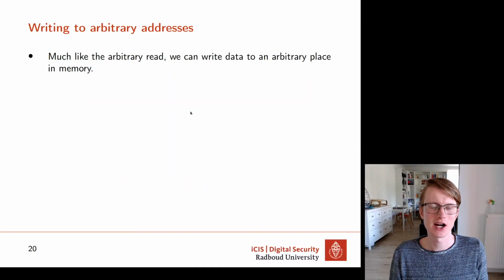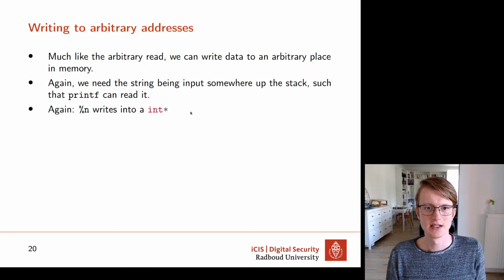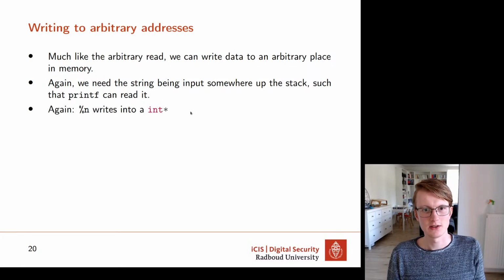So, much like the arbitrary read, we can use the arbitrary %n to write data to an arbitrary place in memory. Again, we need the input string to be somewhere up the stack such that printf can read it, but then we can use %n to write it.